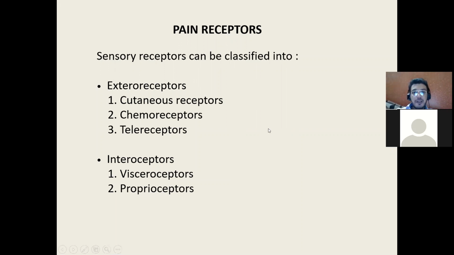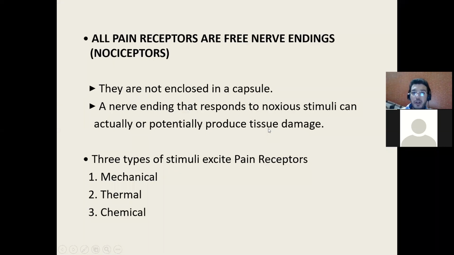Now all the pain receptors are free nerve endings. You have to understand that free nerve endings are where the nerve endings are totally free and not enclosed in a capsule. So there is no enclosure of any capsule.